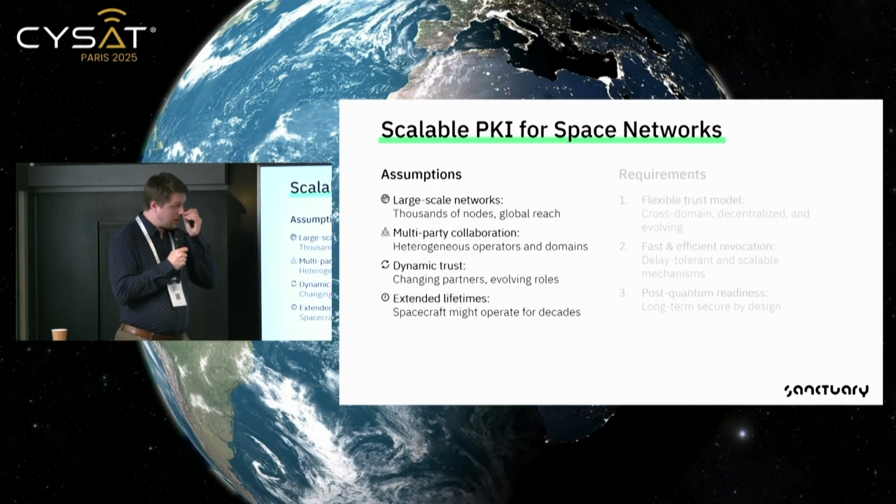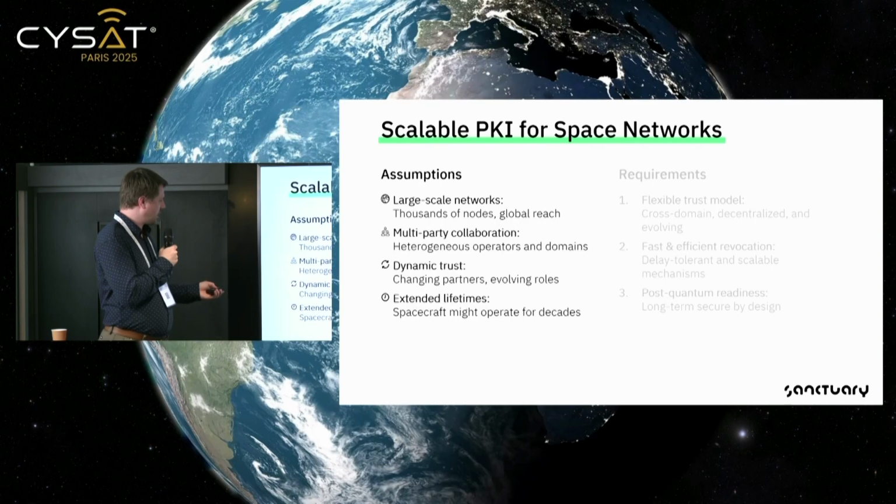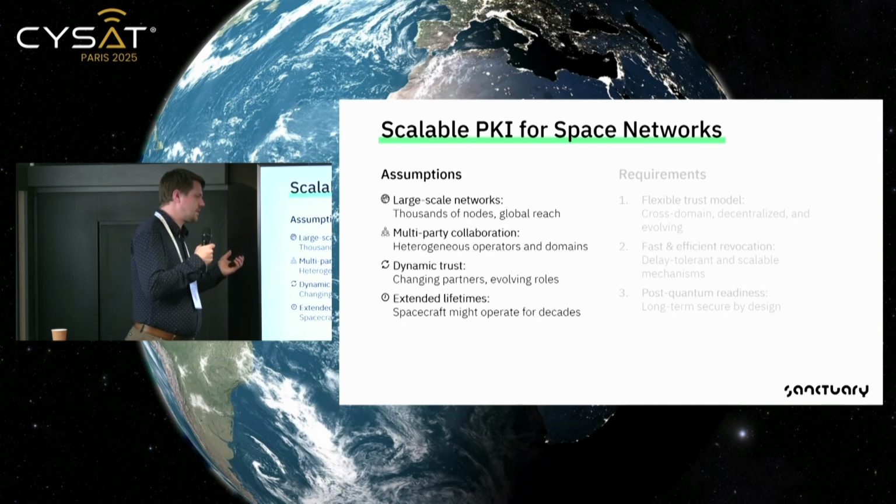Now coming to the solution. First of all, again, looking at what we want to achieve. We want to consider large networks where multiple parties collaborate. Trust between the parties might change over time. Either it's a compromise, or it might also be other reasons, political reasons, that two entities don't want to collaborate anymore, and so on.